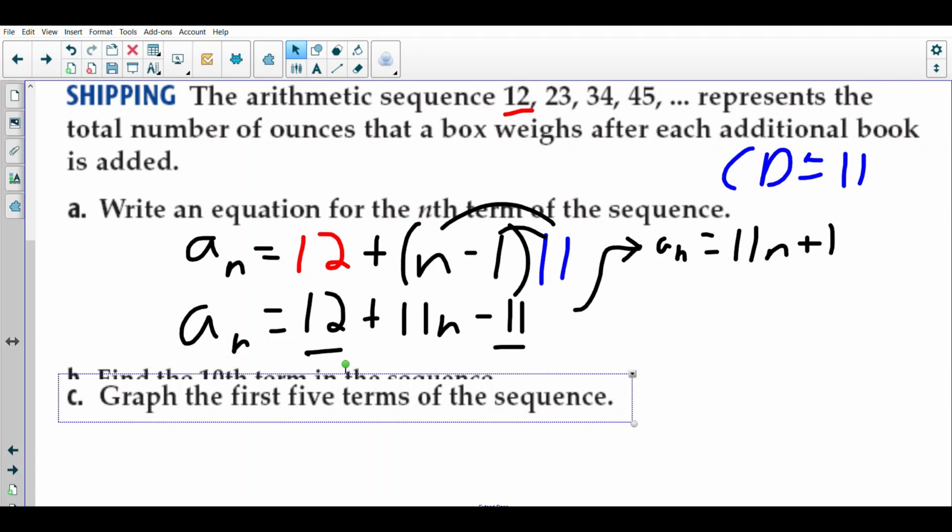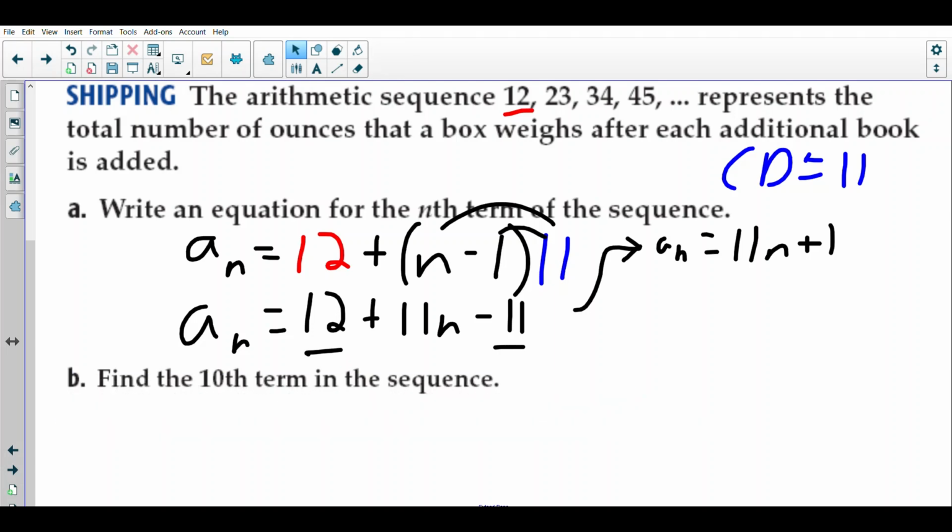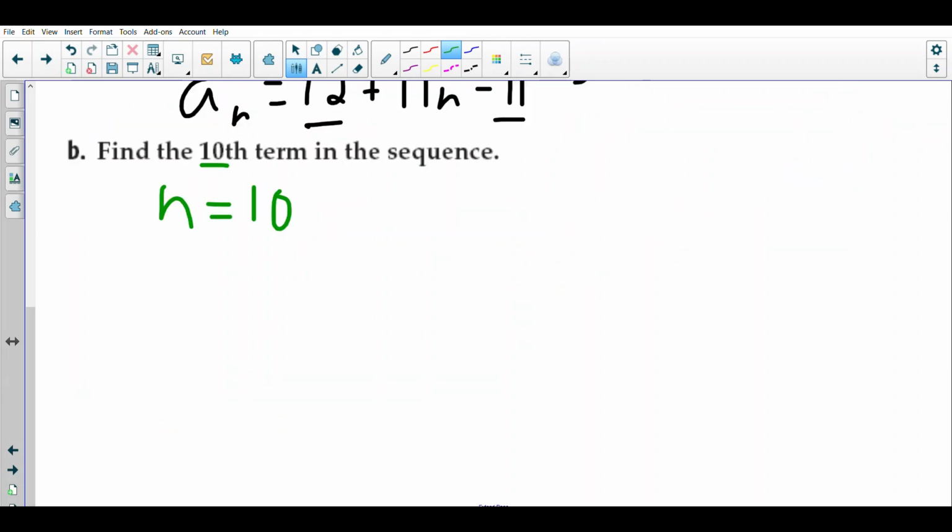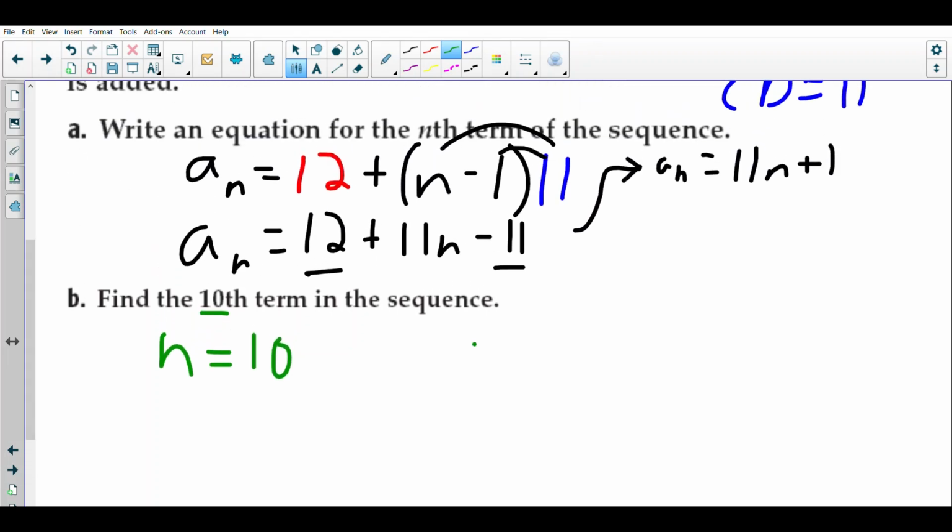All right, so we're going to get rid of this. We're not going to be too worried about this part. All right, so find the 10th term. For our 10th term, we are going to plug in for n, so n is equal to 10. Our 10th term, a sub 10, is equal to 11 times 10 plus 1.